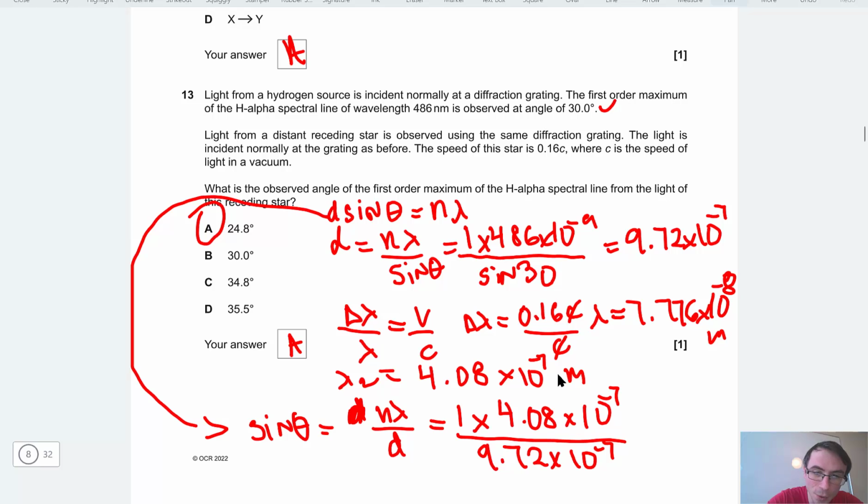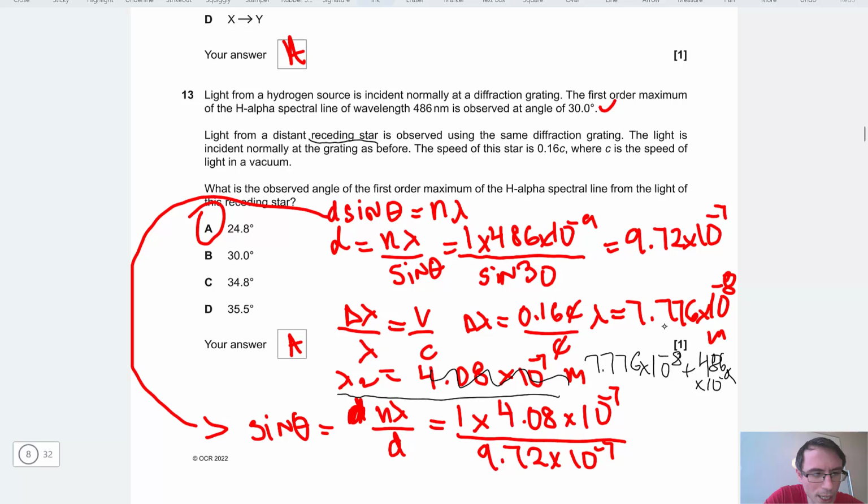So my mistake is right over here when calculating the new wavelength. The new star is actually receding, meaning the new wavelength will of course be longer. So this means that lambda 2 will be this number, 7.776 times 10 to the power of minus 8 plus 486 nanometers, times 10 to the power of minus 9.